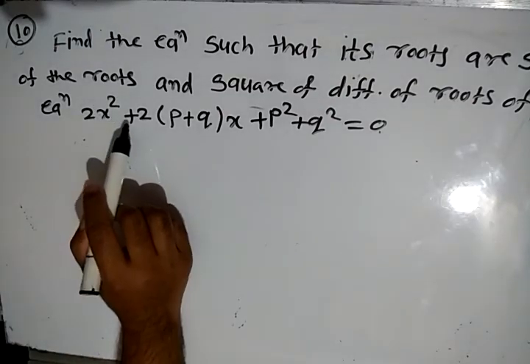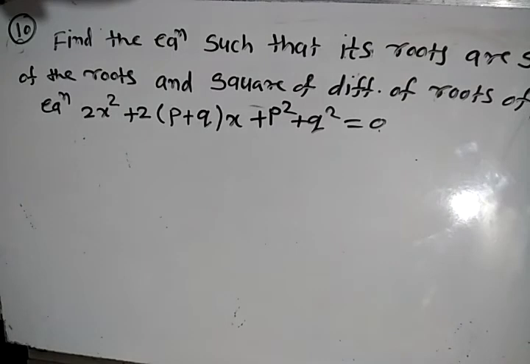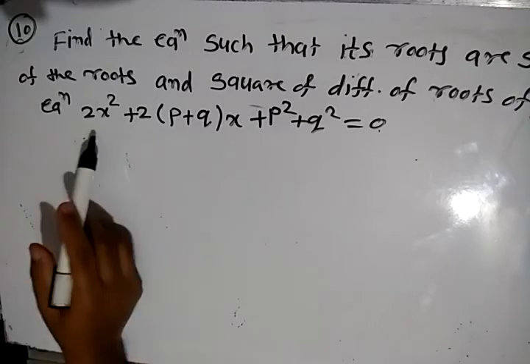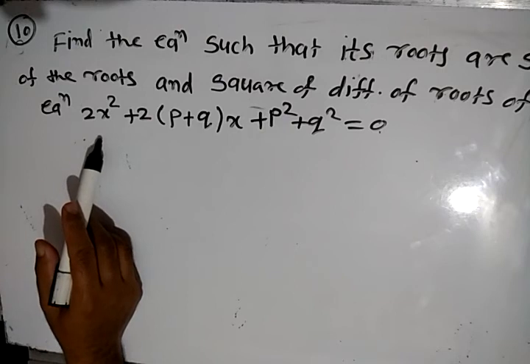First, understand the meaning of this problem. Again, read the same problem. Find the quadratic equation such that its roots are the square of the sum of the roots and the square of the difference of the roots of the equation 2x square plus 2(p plus q)x plus p square plus q square.